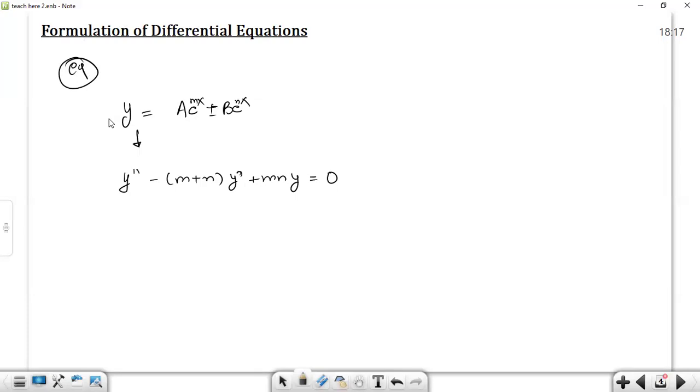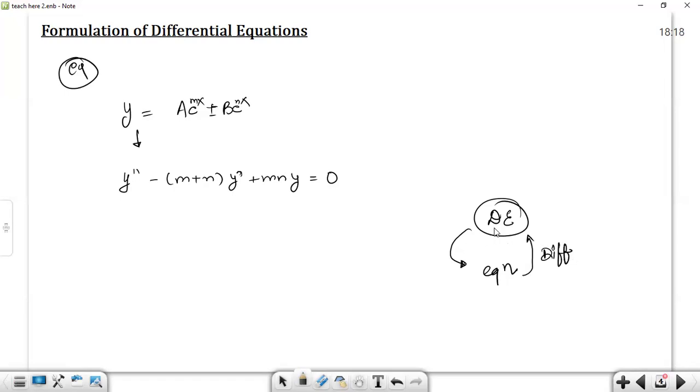Now for the solution of any differential equation, the situation is that we are already given a differential equation having dy by dx, first order or second order. Now we have to get from that differential equation to the equation. Earlier we were making an equation into a differential equation by doing differentiation.